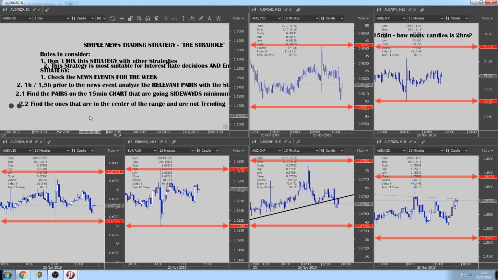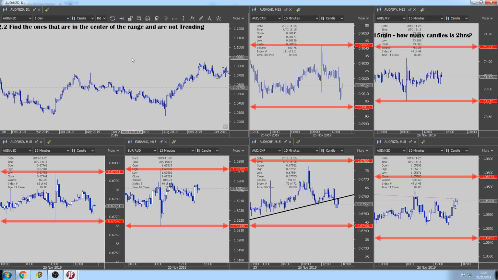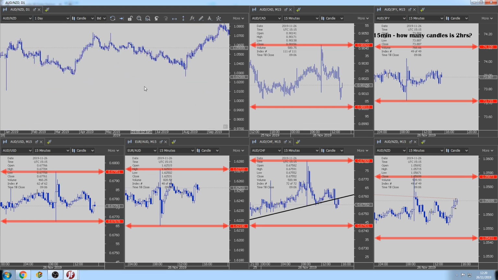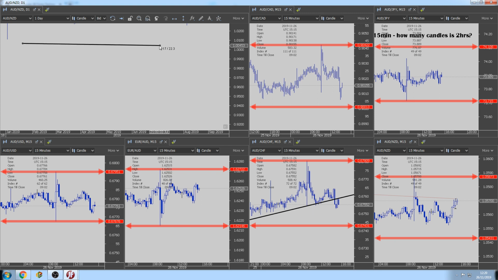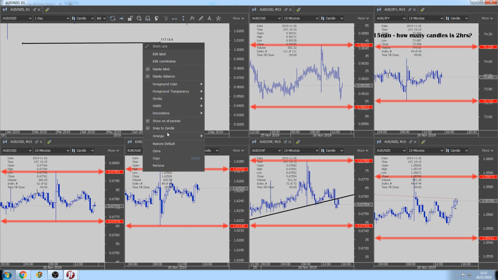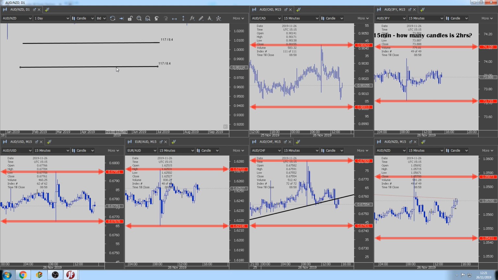Now point 2, find the ones that are in the center, right? So you are going to have, everybody, a currency pair that is going to be like this, you know, and one more, and this is all on the 15-minute chart.